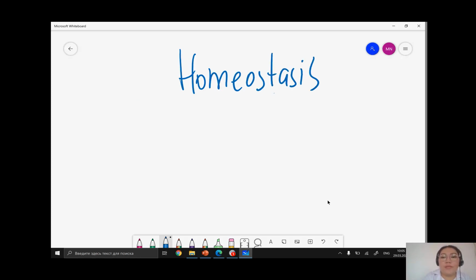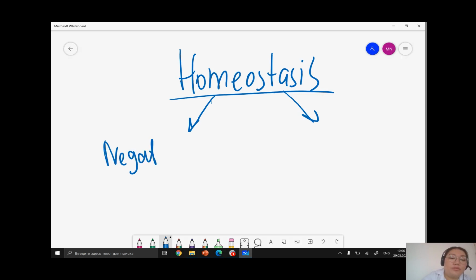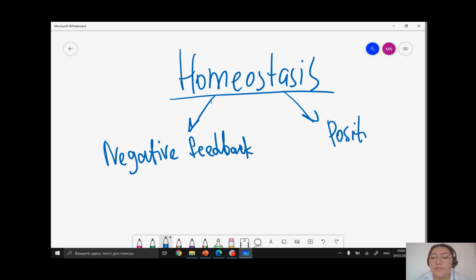We need to talk about homeostasis. We have two types of mechanisms that can help us with it: the feedback loops, the negative feedback loop and the positive feedback.